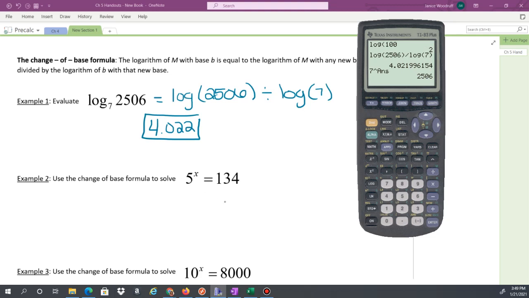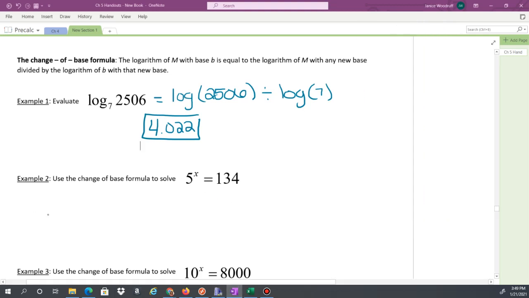So same thing here for example 2. Change this to logarithmic form. So you have log, b would be your base, so that would be 5. Your answer would be 134, and then that's going to give you your x. So to use the change of base formula, do log 134 divided by log 5.